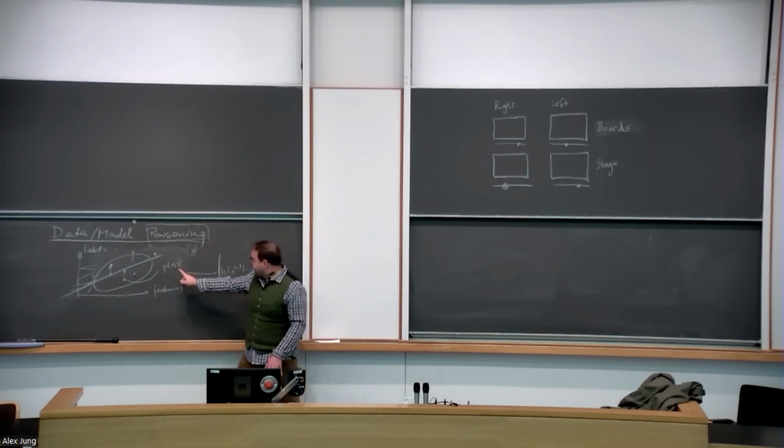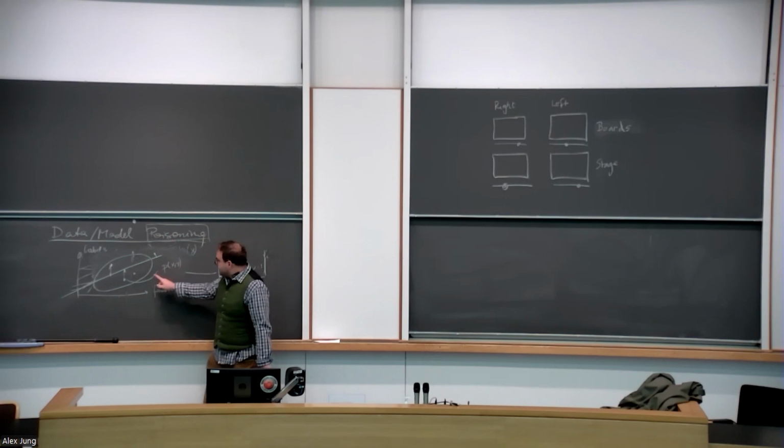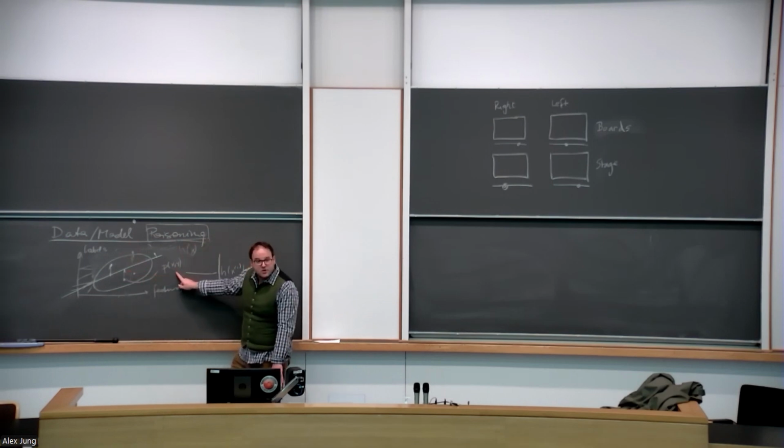And if you knew this distribution, you could ignore the data, because you could just sample from this distribution using a random generator, which is actually done by some methods. How do we call these methods that generate data? Within AI, this is generative AI.